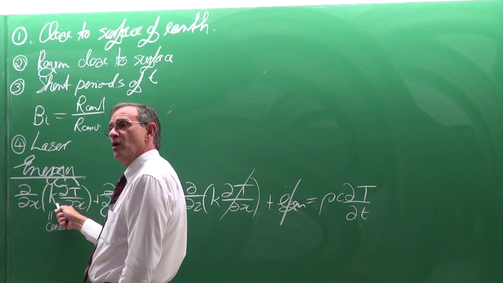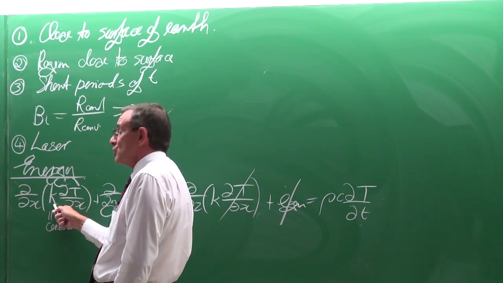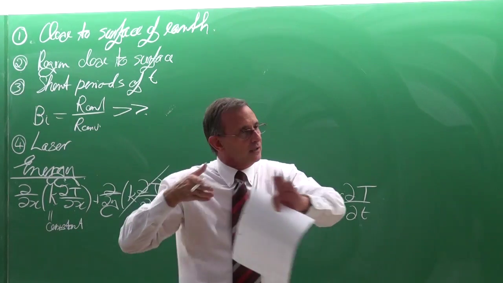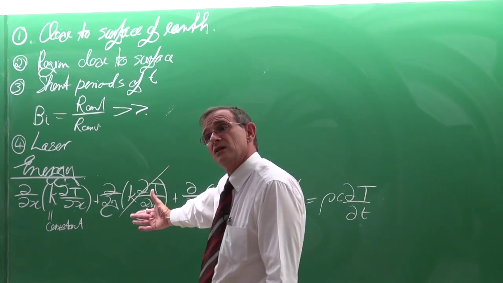You get bodies, for example composite materials, where this thermal conductivity would vary in different directions, and then you cannot make this assumption.